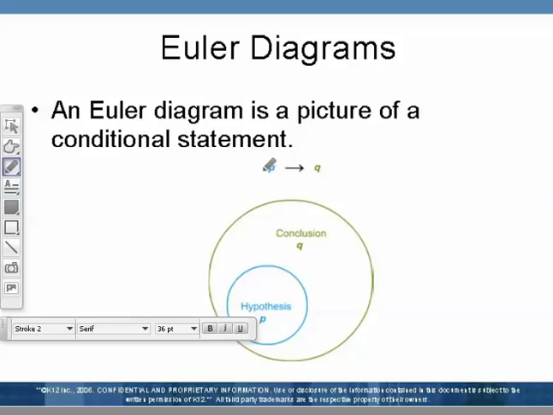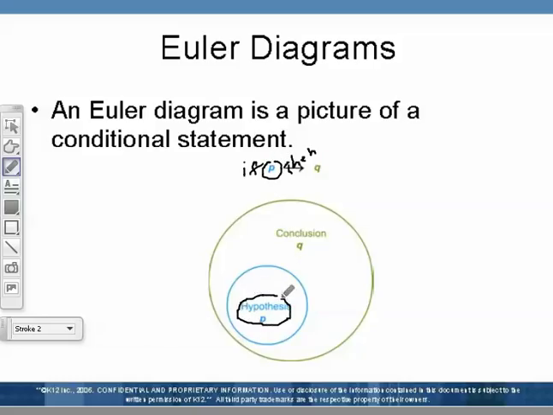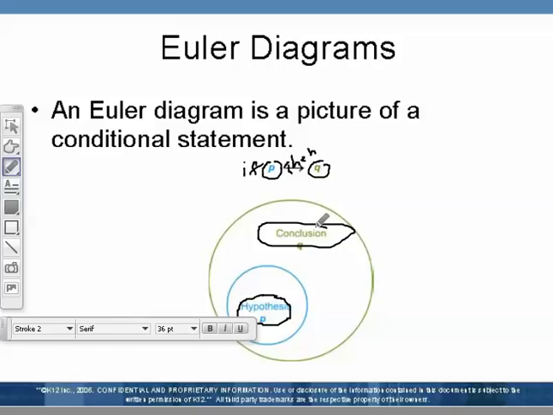When you see a statement like this, if P then Q, the P goes in the inner circle. The Q goes in the outer circle. And it's that simple. The if goes in the inner circle. The then goes in the outer circle. All you got to do is do it that way.